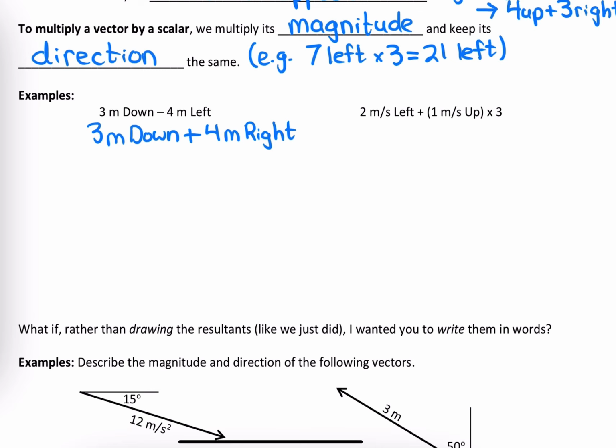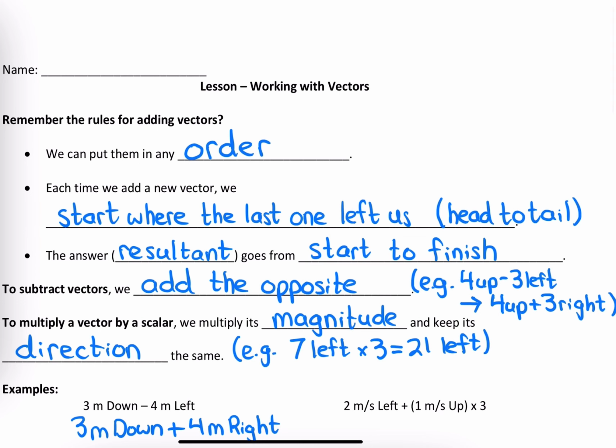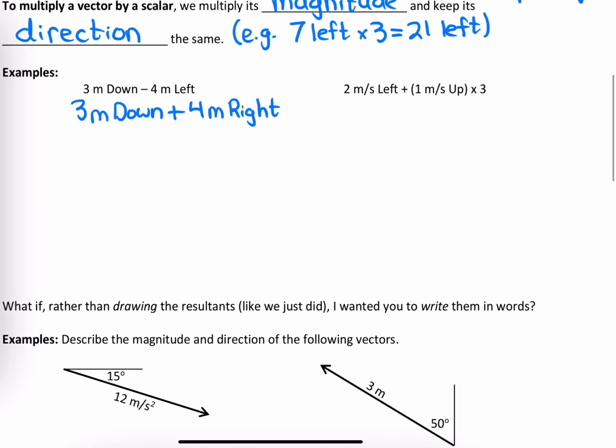So let's try and draw that out. 3 meters down plus 4 meters right. Remember, I can add vectors in any order I want to. So rather than doing them in the order here, I might just reverse the order for fun. Both ways would be totally fine. So I'm going to do the 4 meters right first, and then I'm going to add the 3 meters down.